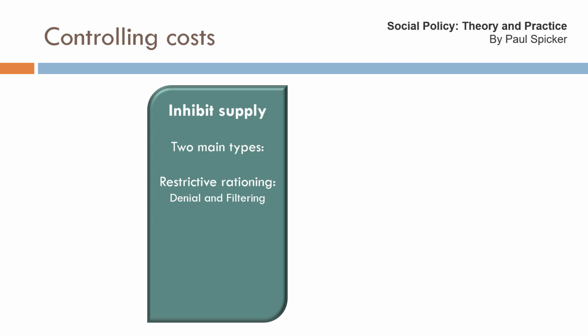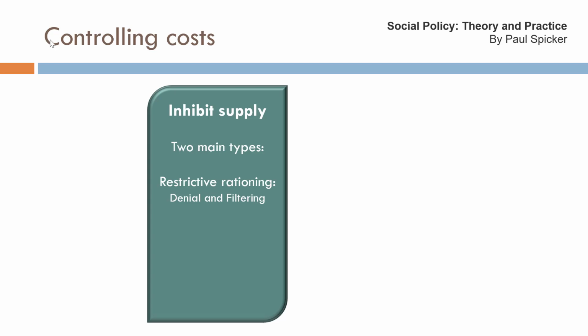And then there's filtering, where there might be authorization of services only to those who absolutely require it. And so people who have a need but who don't absolutely require it are separated from those who do by either providing referrals to other organizations or using similar deflection mechanisms.